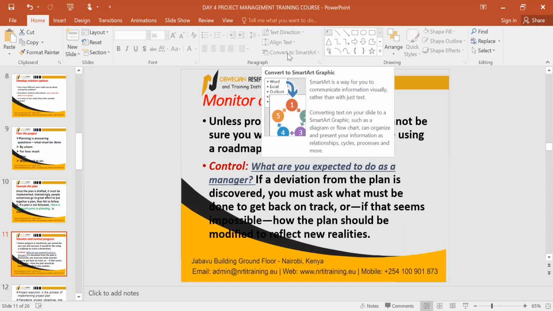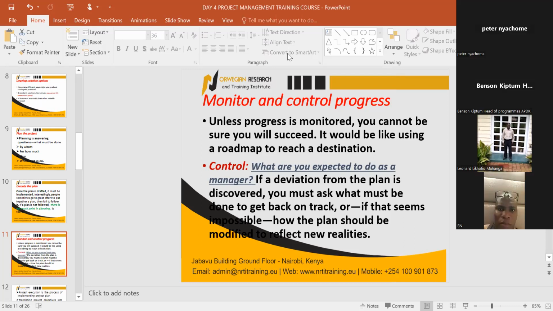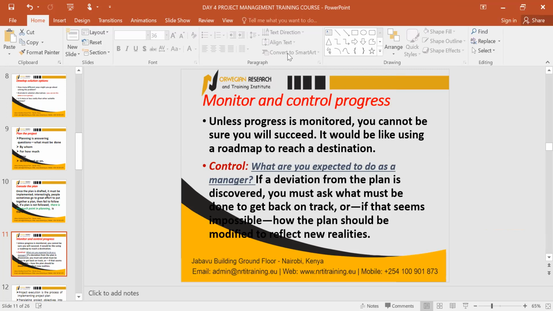If we find that we cannot change something, then we have to absorb it, because this is the reality. It's not as per the plan. When we were planning, we were not in touch with the reality. There are some realities that now need to be incorporated to reflect the true scenario.